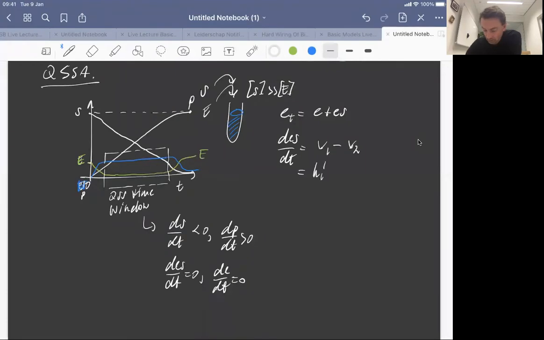We get K1 plus times E times S, minus K1 minus times ES, minus K2 times ES. Now, in the quasi-steady state time window, we know that this equals 0.